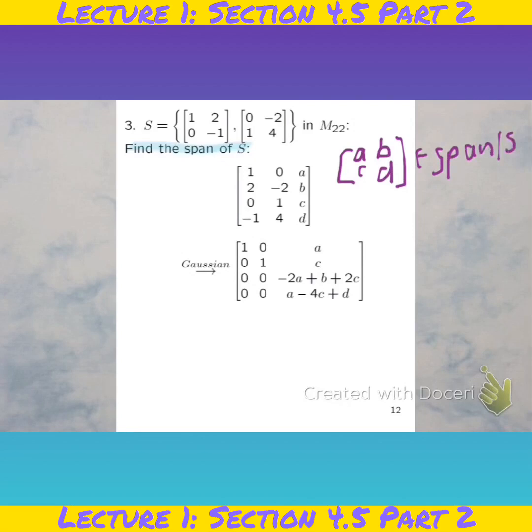Basically we set up a system of equations, and you're going to get 4 equations with 2 unknowns, and you're going to set up your matrix, which is going to be this matrix here, and then again you're going to use Gaussian elimination, and that will give you this matrix here.